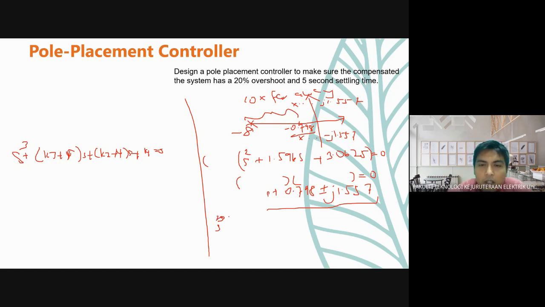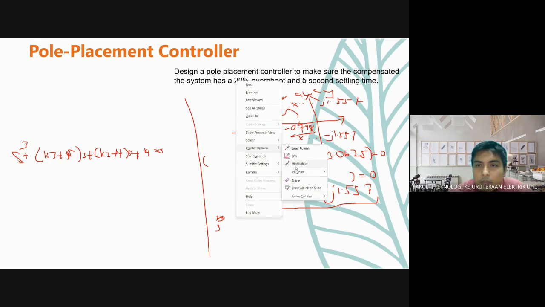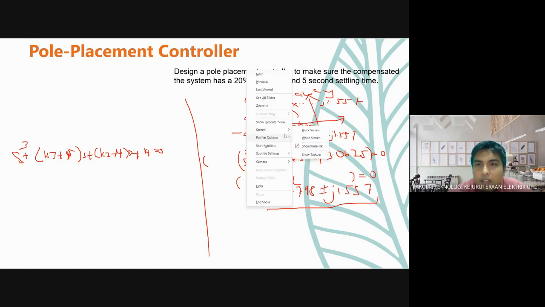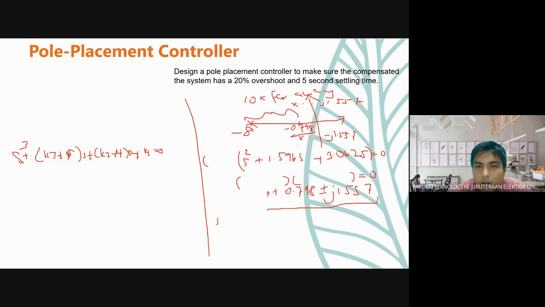You have s square, almost there, almost finished. s square plus 1.596 s plus 3.0625, and just multiply with s plus 8 equal to 0. And then you just solve everything here.